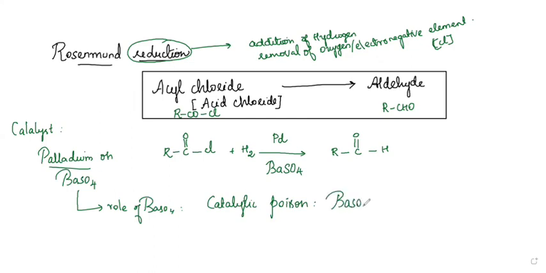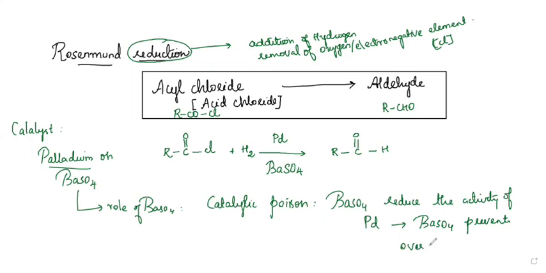Barium sulfate reduces the activity of palladium, right? Why does it need to reduce the activity? Barium sulfate prevents further reduction, prevents over reduction.